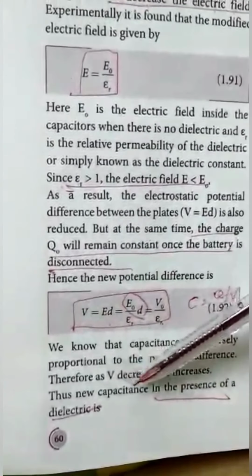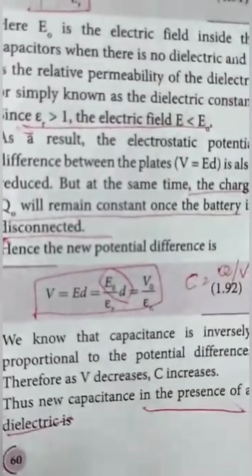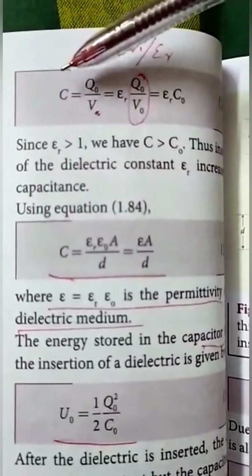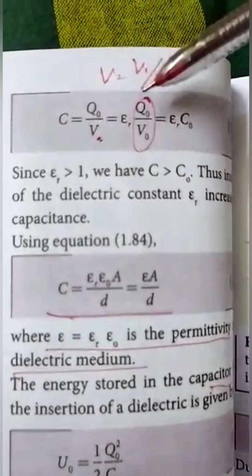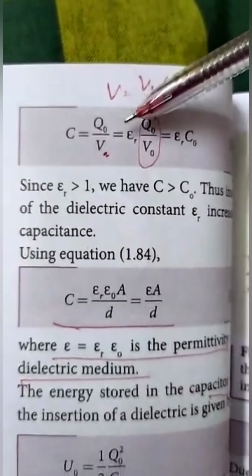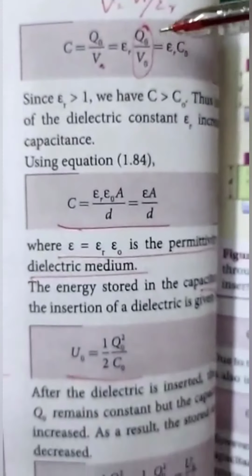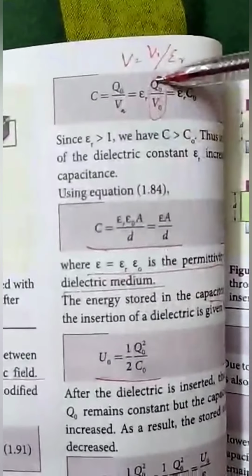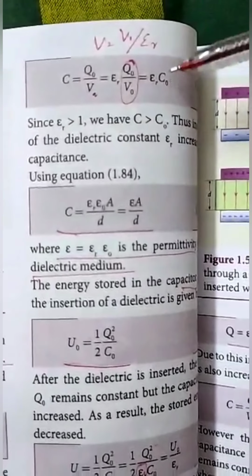And what happens to the capacitance, the new capacitance, in the presence of the dielectric? You know the new capacitance C is equal to Q naught by V, and substituting V is equal to V naught by epsilon r, you have this equation: epsilon r into Q naught by V naught, whereas this Q naught by V naught is nothing but C naught. So C is equal to epsilon r into C naught.